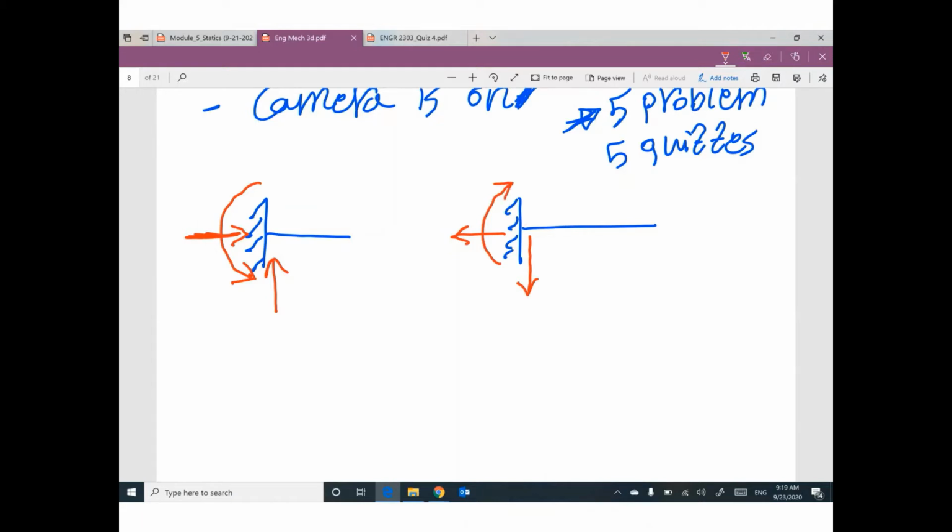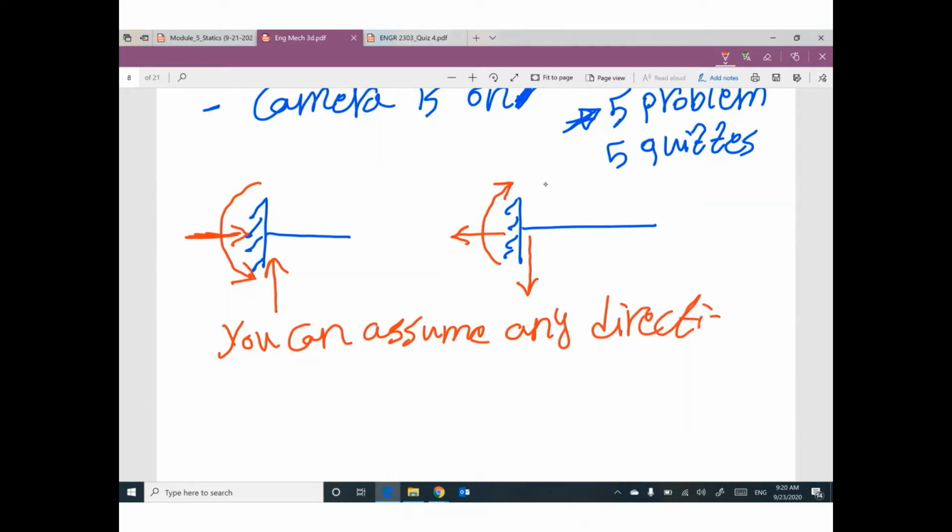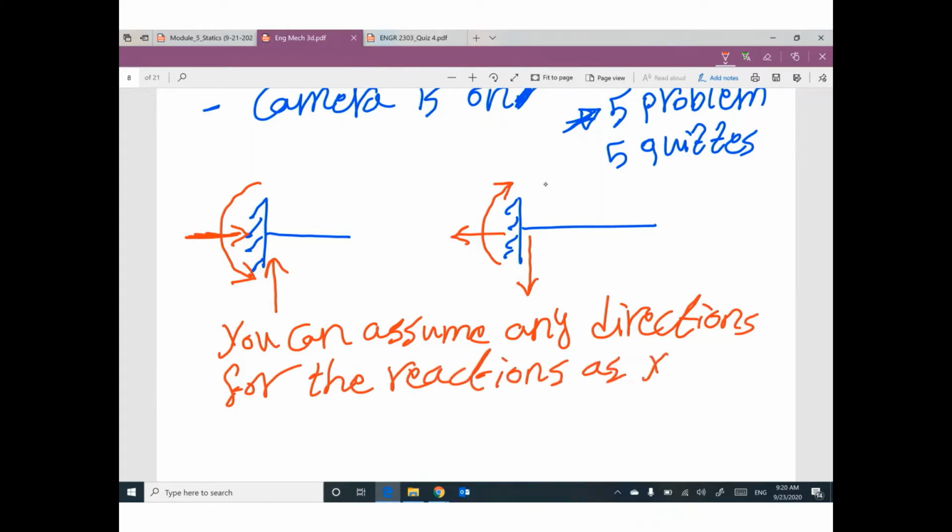So you can assume any directions for the reactions as you like. But remember, we must have a vertical reaction, a horizontal reaction, and a moment.